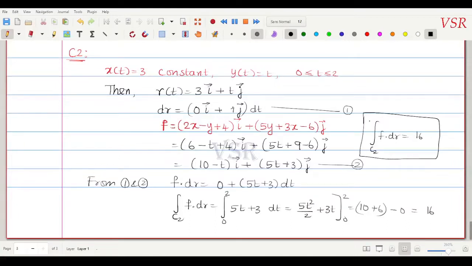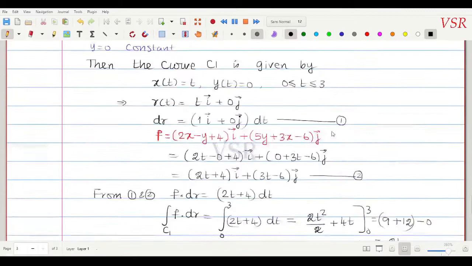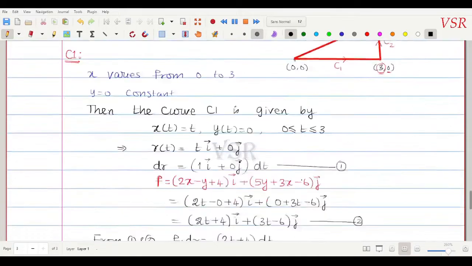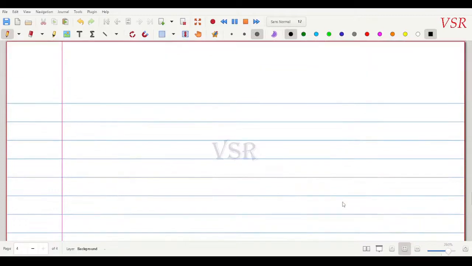Okay, C2 is done. Now what to do: C3 is the line from 3,2 to 0,0. So this is my C3. It is the straight line joining 3,2 and 0,0.